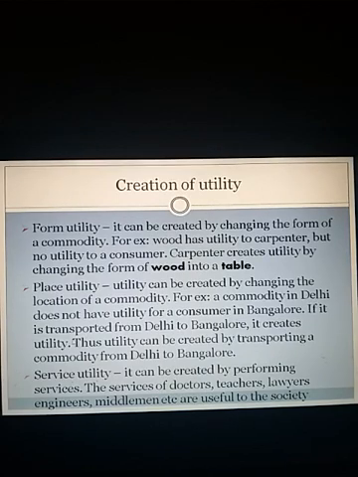If it is transported from Delhi to Bangalore, then it creates utility. Thus, utility can be created by transporting the commodity from Delhi to Bangalore in our example. That means place utility is created just through transporting a commodity.